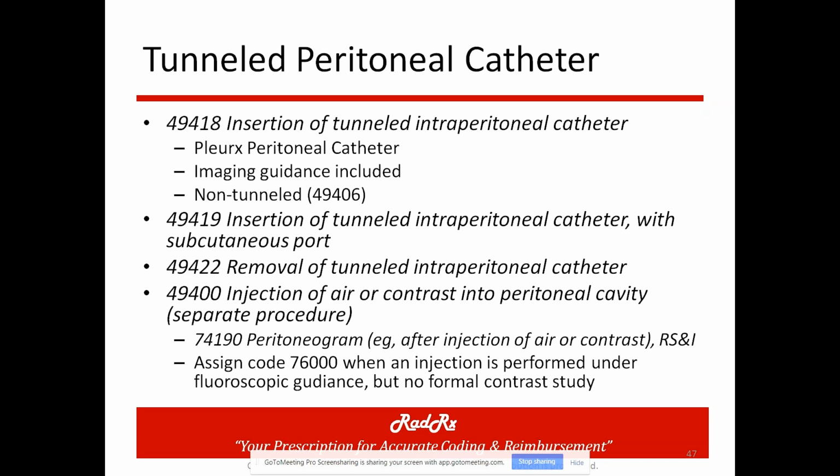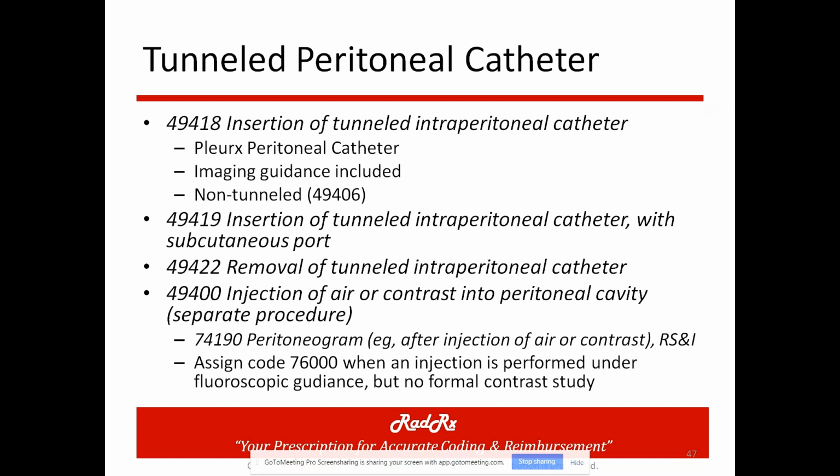And then we have a code for the removal of the tunneled catheter. And then we have two other codes I've listed for you here, which can be for the injection of contrast to evaluate the peritoneal catheter. So we have 49400, and then we have 74190 if an actual study is done and we have an interpretation there.